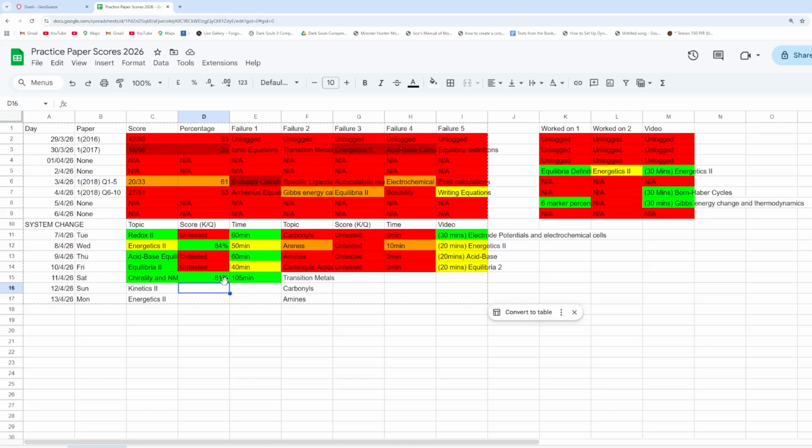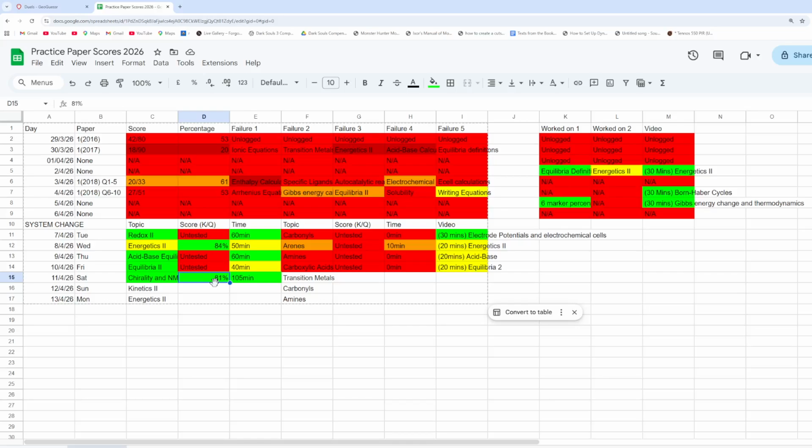Because I'd just be dividing 81 by 2, which is 40.5, which is 41%. I don't know if that's deserved. So I might just leave it at 81%, because I definitely didn't feel like we answered 41%.